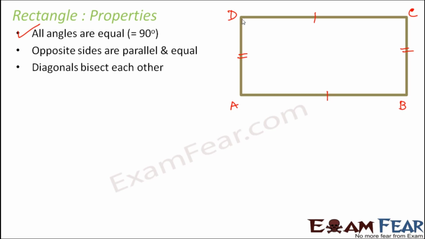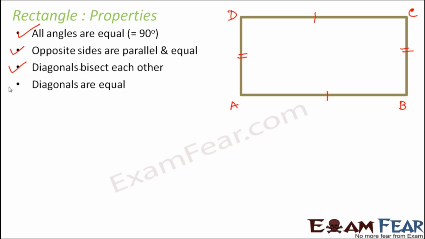Diagonals bisect each other. The opposite sides being parallel and equal is a property common to the parallelogram, and diagonals bisecting each other is again common with a parallelogram. In fact, because of these properties a rectangle is a parallelogram.